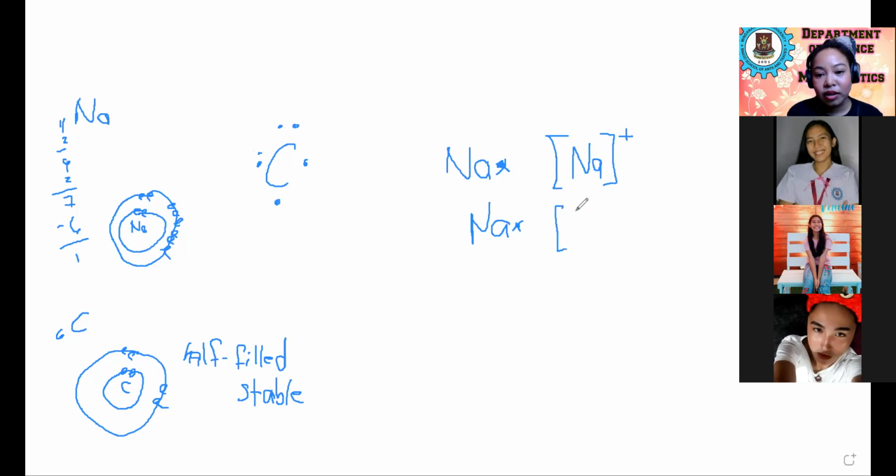Mahimo na pud ni siyang Na plus. So, naa pay another nga unpaired. So, mangita na sa lain pang sodium. So, naapog kay laing sodium dira with 1. Then, tanggalon na siya. I-transfer diri.